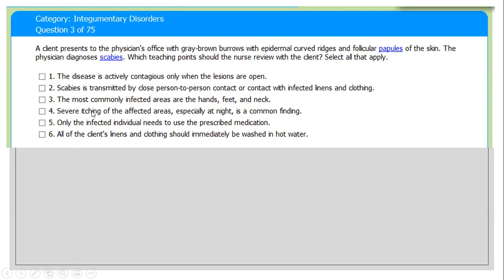Number 4, severe itching of affected areas, especially at night, is a common finding. 5, only the infected individual needs to use prescribed medication. Number 6, all the client's linen and clothes should immediately be washed in hot water. So, select all that apply.